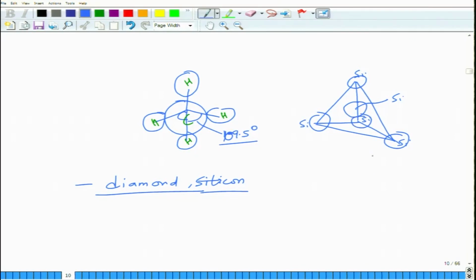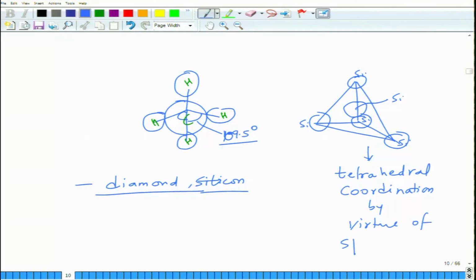Again they make a tetrahedral coordination by virtue of sp3 hybridization, which would not be possible just by orbital overlap.